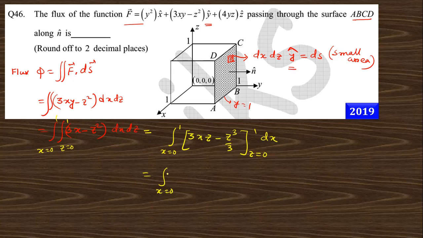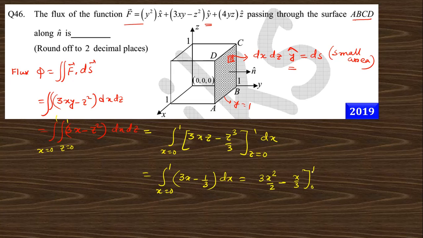So x is 0 to 1. If we put the value of z equal to 1, that is 3x minus 1/3 into dx. If we integrate this with respect to x, this will be 3x squared by 2 minus x by 3.